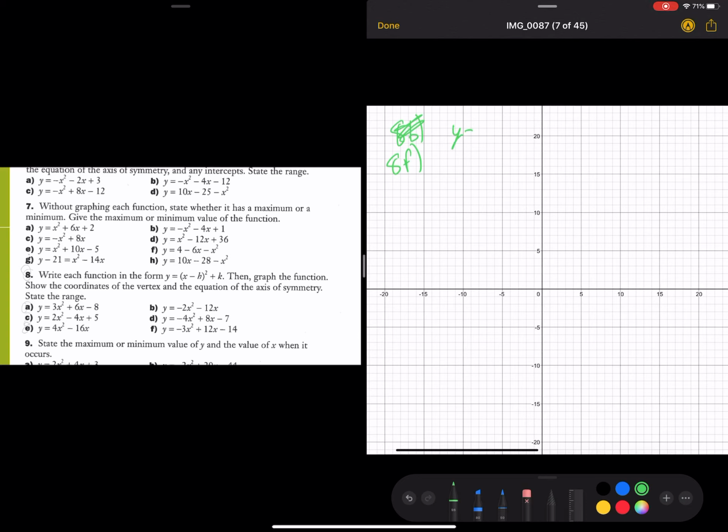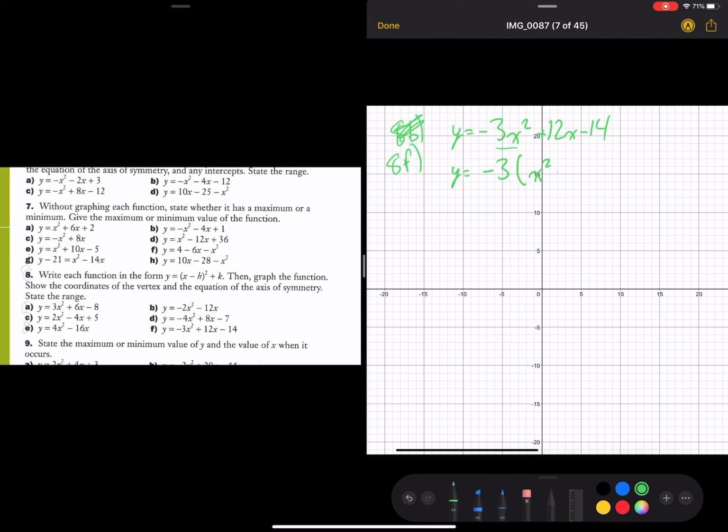8f. We have y equals minus 3x squared plus 12x minus 14. We're going to take out that minus 3. Y equals minus 3. How do we get that from minus 3? Well, we have to multiply it by x squared.